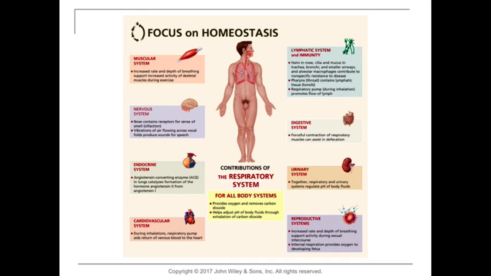So you want to be able to take some time and understand these interconnections. So if we look at the endocrine system, well, you've got ACE, the angiotensin converting enzyme. Remember, ACE is the angiotensin converting enzyme that's needed to convert angiotensin 1 into angiotensin 2. That's going to increase pressure.